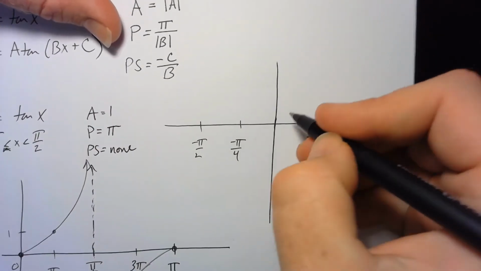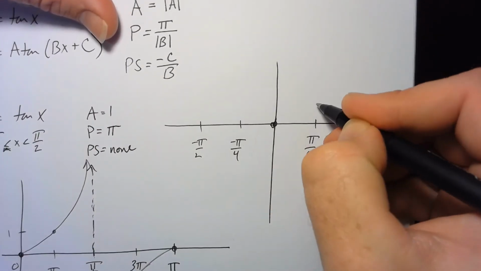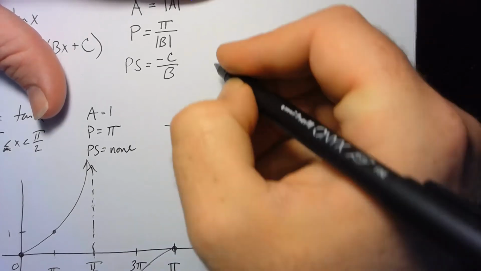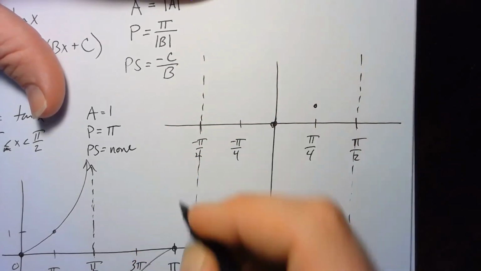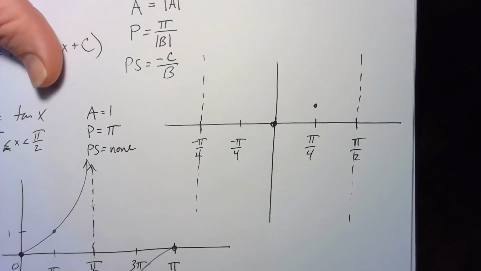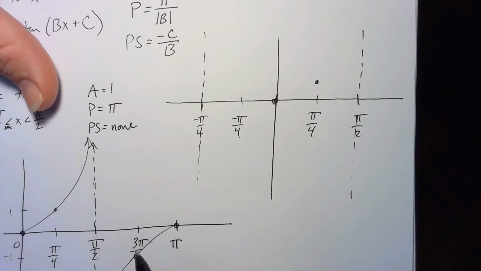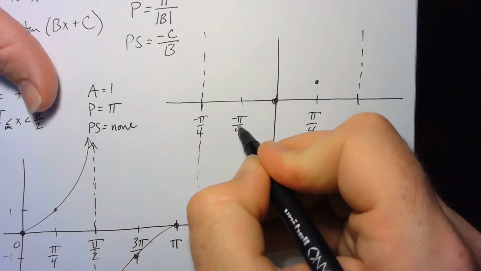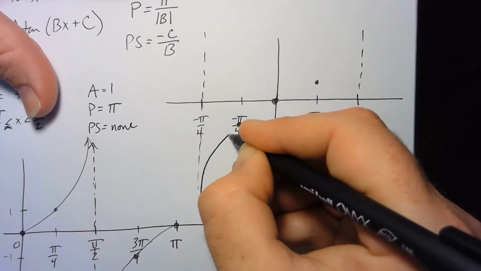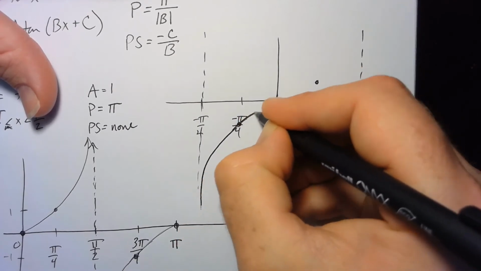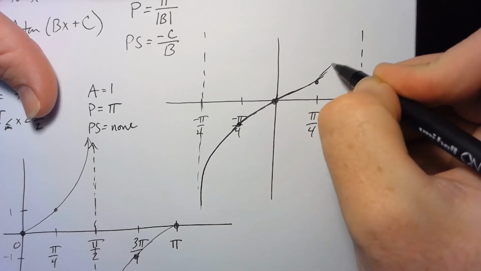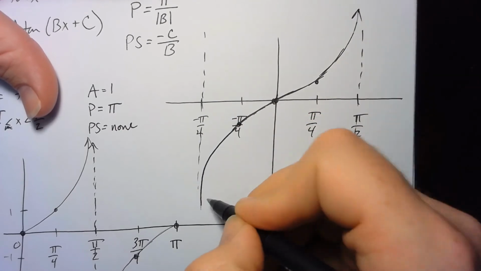So again, all the points are more or less the same. There's my 0, there's my so-called 1, there's an asymptote here, there's an asymptote here because that's a repeat of this location all over again. My negative pi over 4 is the low point, so that's my negative location, so somewhere about here, and then this should curve down into this location, nice smooth curve, and then cut back out, approaching that asymptote in that direction.